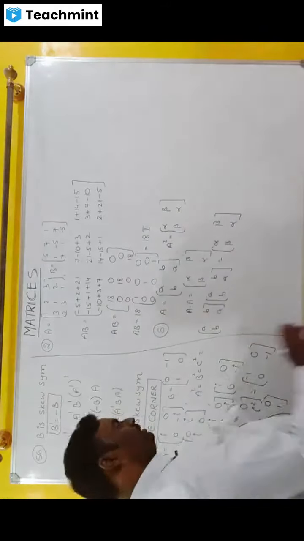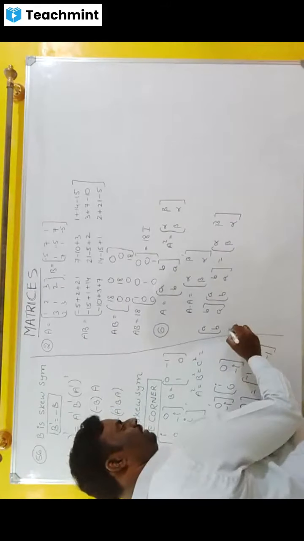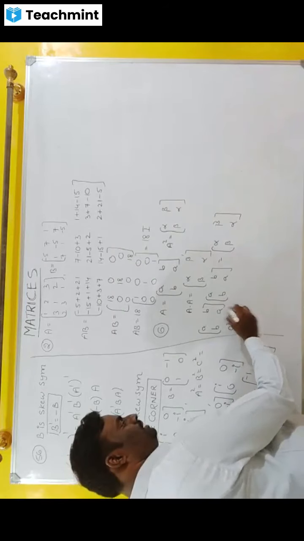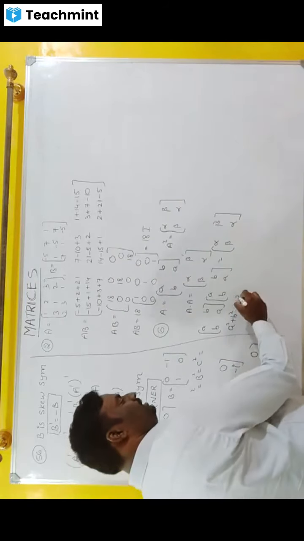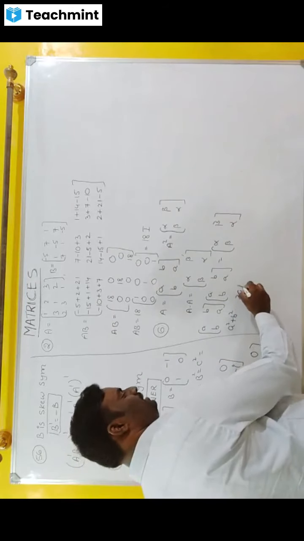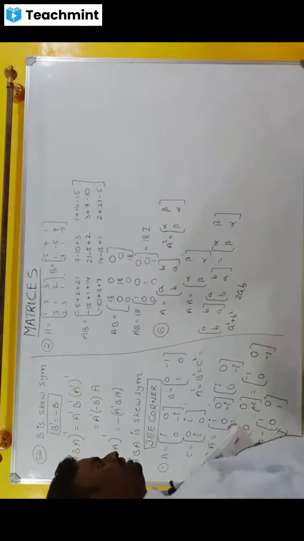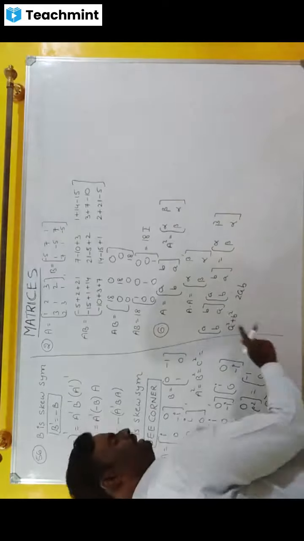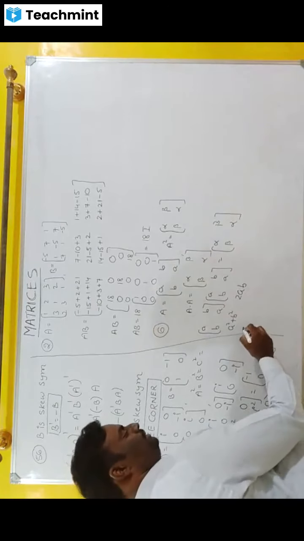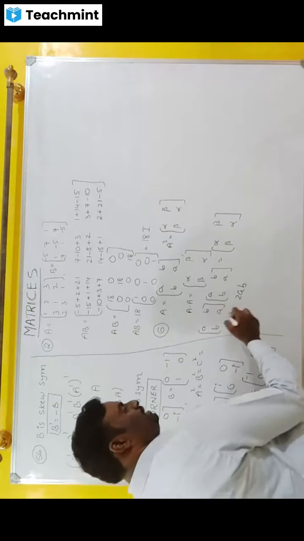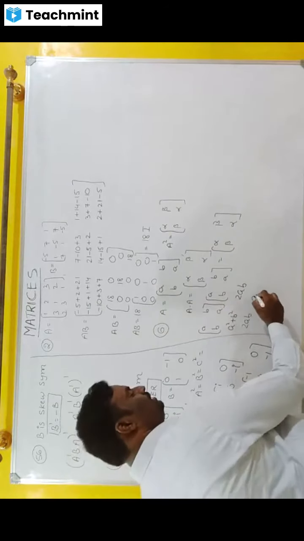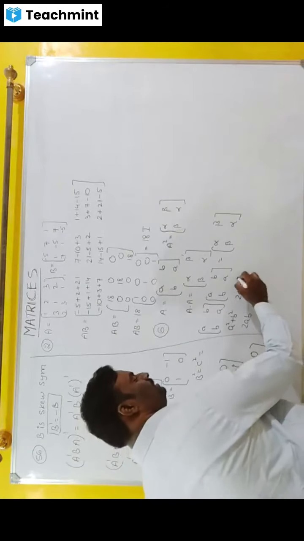Apply the concept. First row: a into a is a square, b into b is b square, so a square plus b square. a into b is ab plus b into a is ab, so ab plus ab is 2ab. Next, b into a is ba plus b into a is ba, so 2ba. b into b is b square plus a into a is a square, then a square plus b square. This is the multiplication.